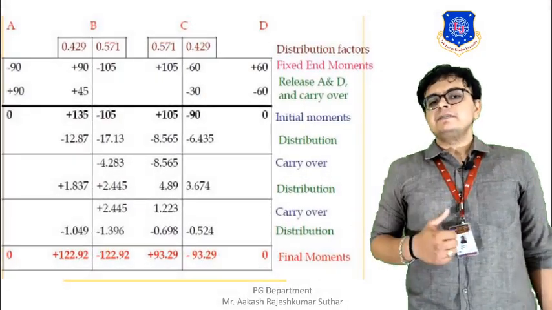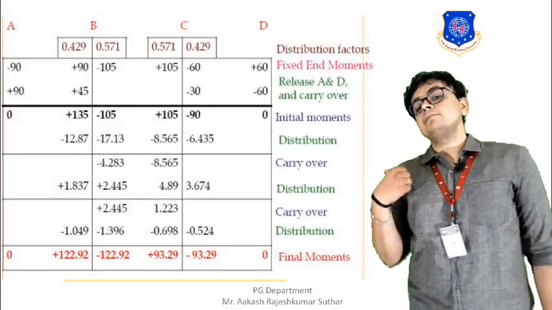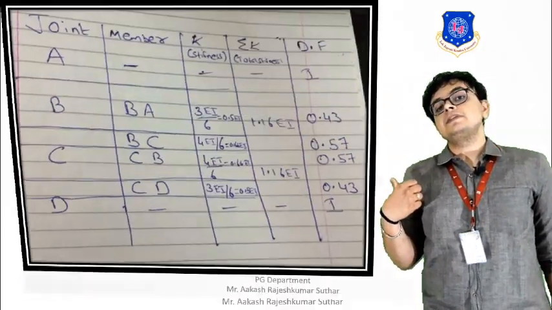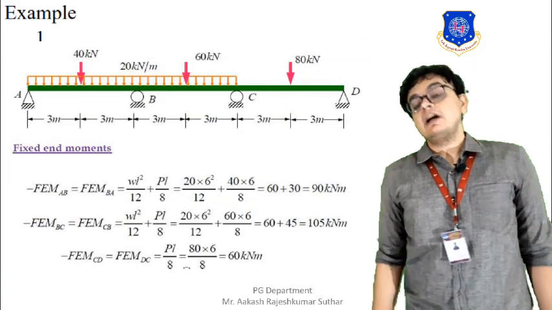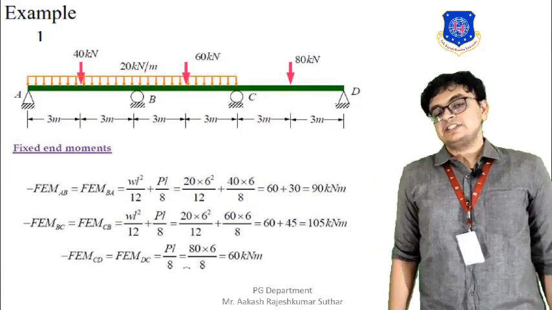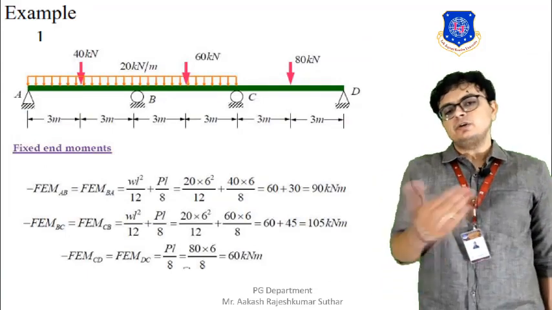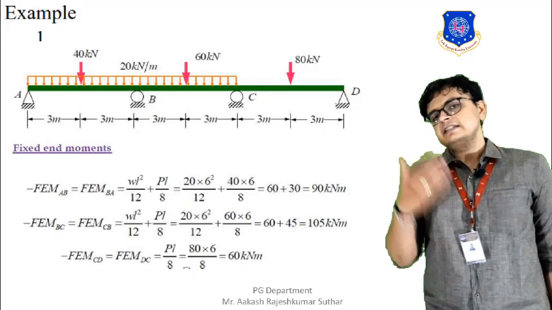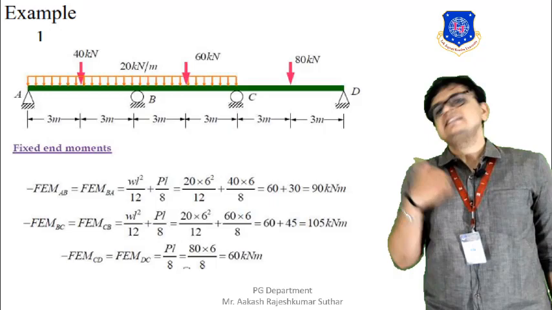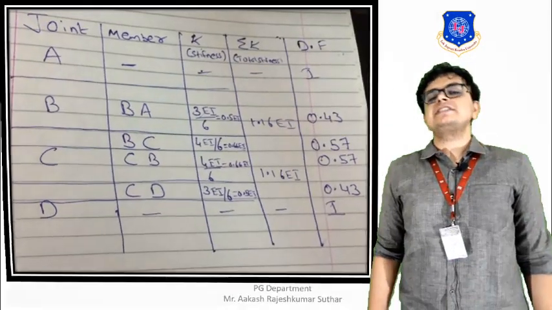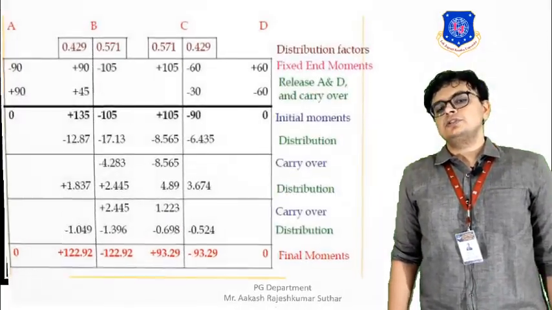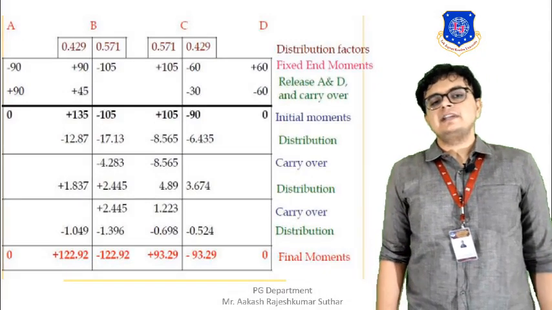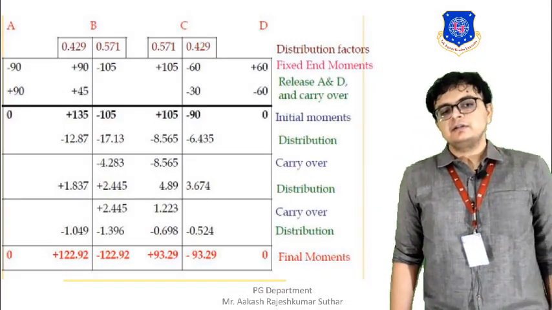After that, we will write the fixed end moments that we discussed in step number 1. In step 1, we found the fixed end moments for AB, BA, BC, CB, CD and DC, and we will write them in this moment distribution table. So for member AB, we have minus 90 kilonewton meter.